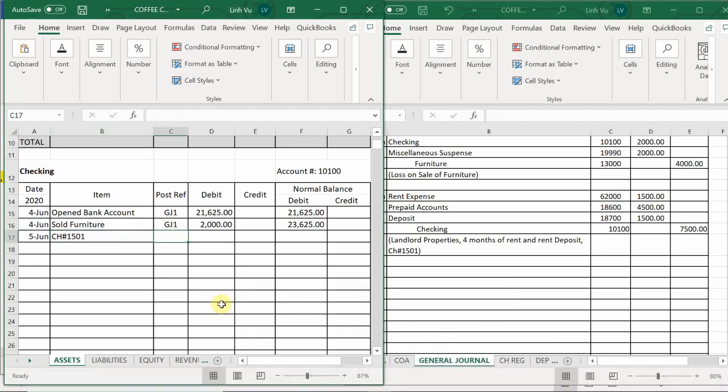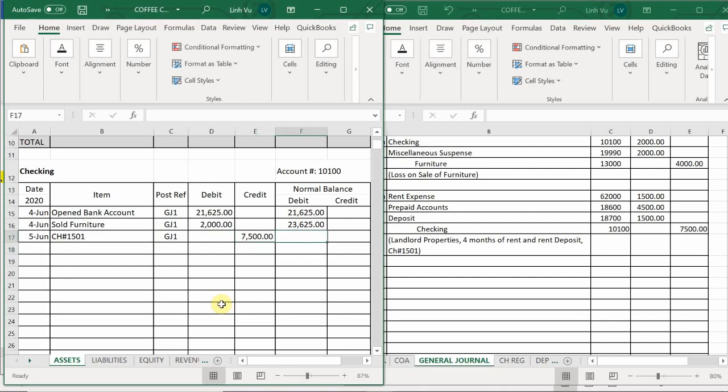Again, the transaction happened on the fifth in the journal. Now, in this case, did I increase my checking or decrease my checking? A decrease. You decrease your checking because you spent $7,500.